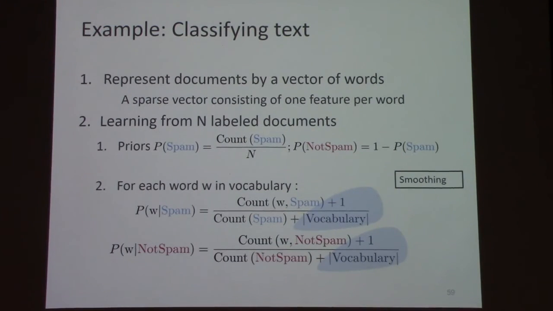The things that are added are the smoothing terms. If both the numerator and the denominator here are 0, then these probabilities will be 1 over the size of the vocabulary. Yes? Okay. Vocabulary is the number of words that you have. Because you are adding 1 for every word, this is basically the sum of all these ones that add up. Because it has to be normalized.